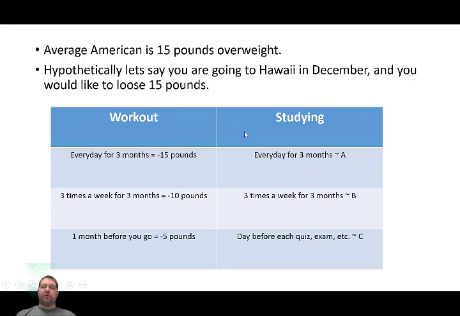So it's all in perspective to you. But I assure you, the more time you put in, the better the outcome will be, whether it be losing weight, studying, trying to learn a new topic, whatever it might be.